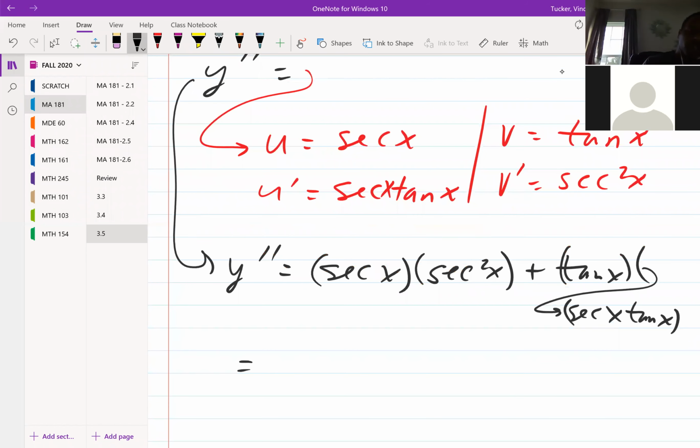So secant times secant squared is secant cubed. And then I have tan times secant times tan. So that would just be tan squared. Just put the two tans together, leave the secant in front.